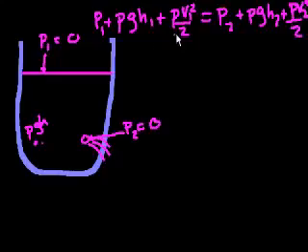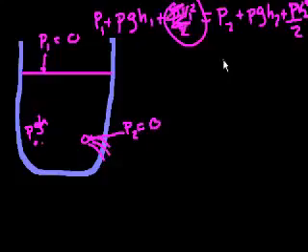And I think you understand that this term is pretty close to 0 if the rate at which the surface moves is very slow, if this surface area is much bigger than this hole. So it's like if you poked a hole in Hoover Dam, that whole lake is going to move down very, very slowly, like 1/1,000,000th of the speed at which the water is coming out at the other end. So you could ignore this term.